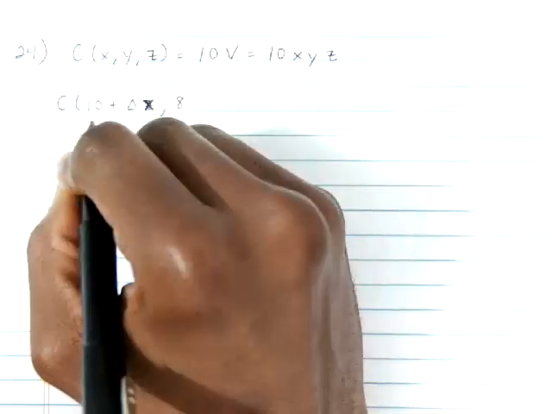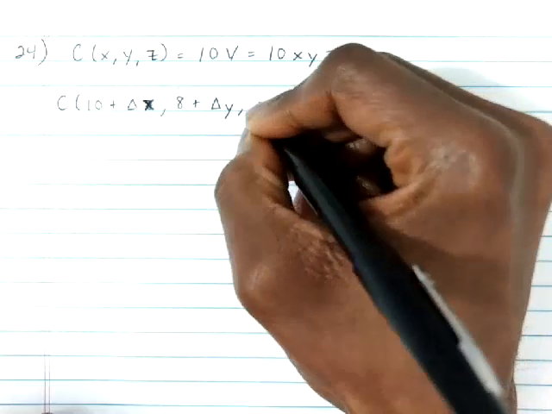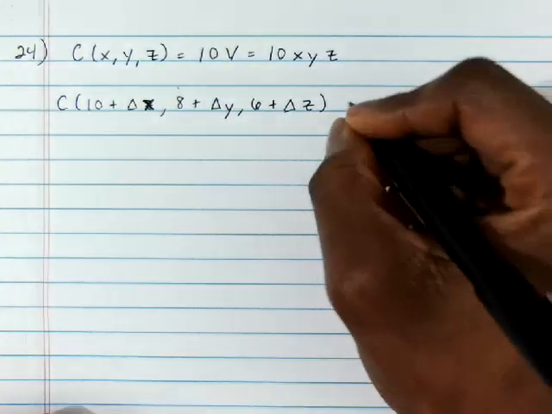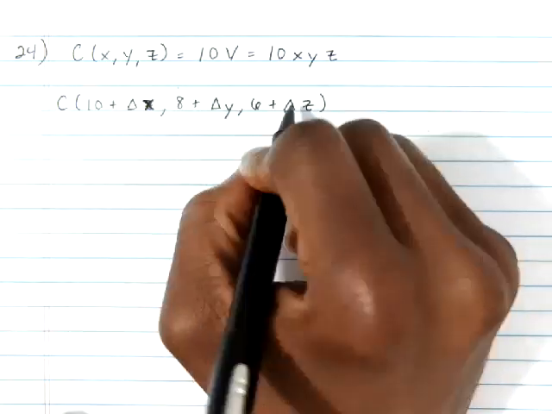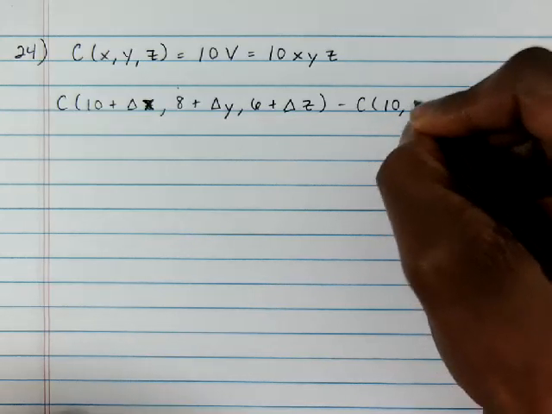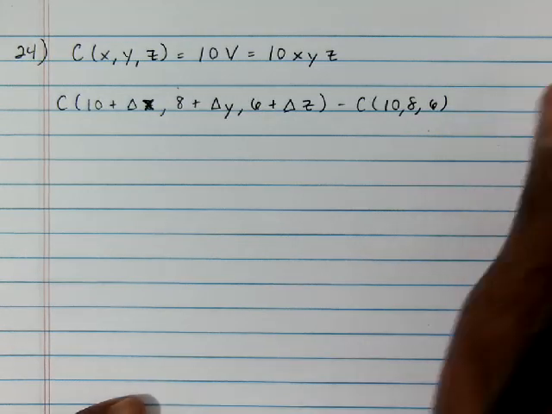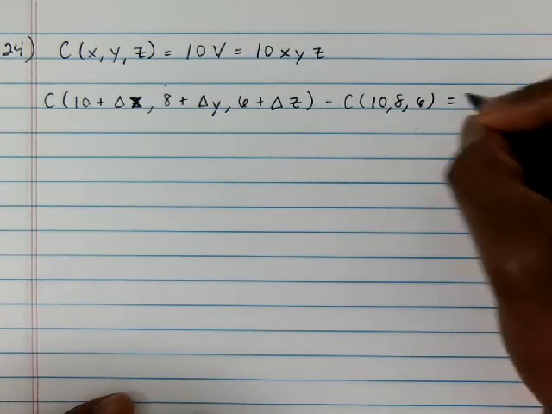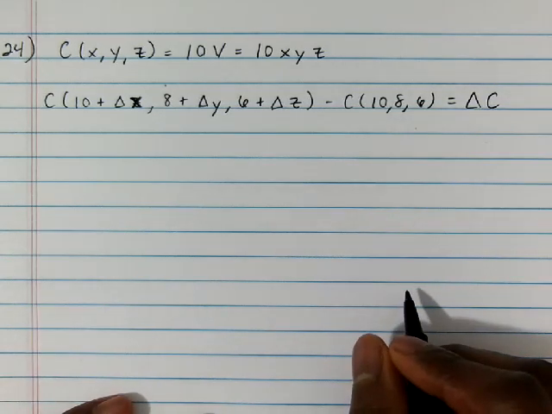So they gave us that the length was 10, the width was 8, and we're calling that y, and the height was 6. So the cost with these measurements, minus the cost at those measurements, they're telling us to approximate this. This right here is the actual delta C. That will be the actual change in cost.